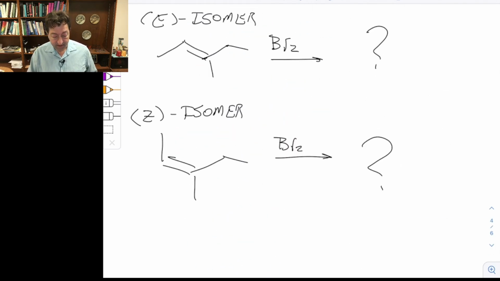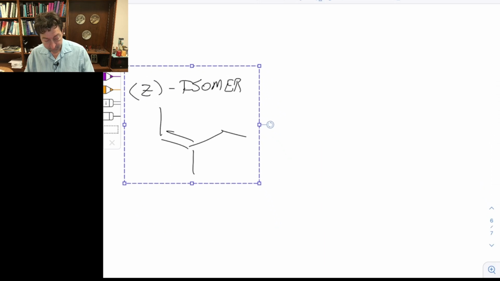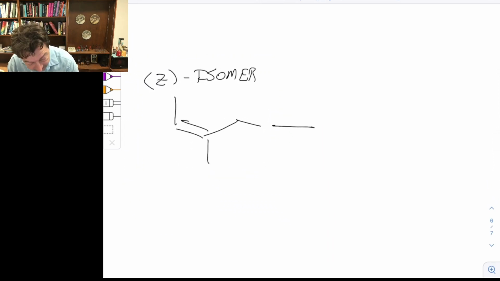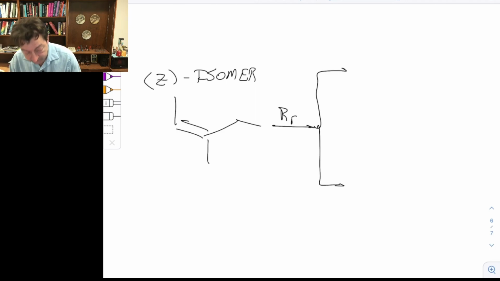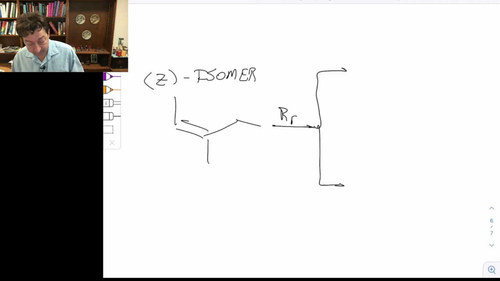Now, let's compare it to what we get with the Z isomer here. Similar kind of analysis with the Z isomer. Again, with bromine, Br2, we can draw two possible products here where we form that intermediate bromonium ion and then ring open it with that nucleophilic bromine. And so what I'll do here is I'll draw them here.